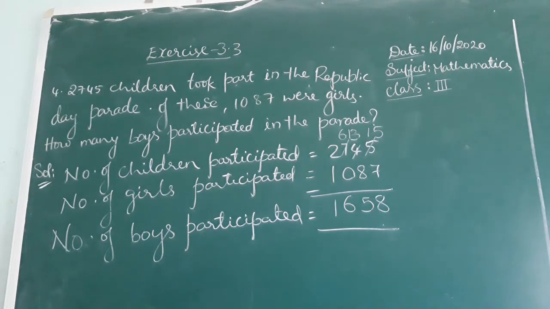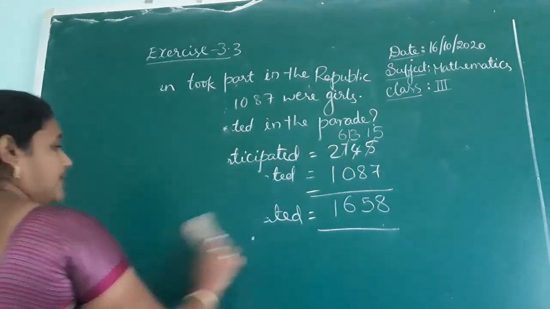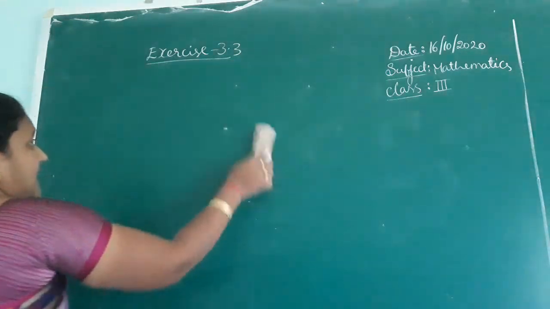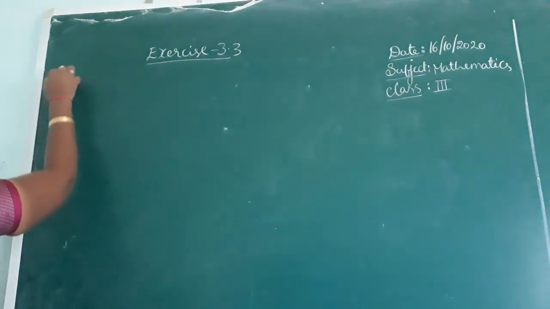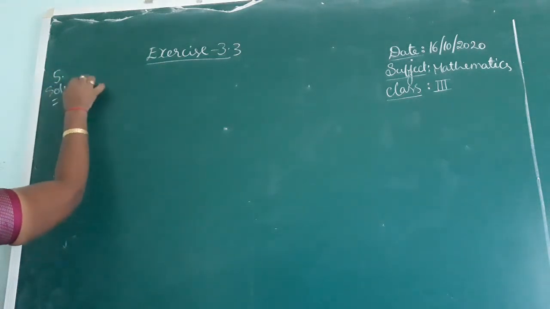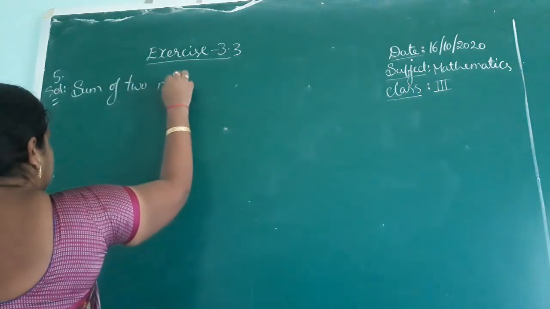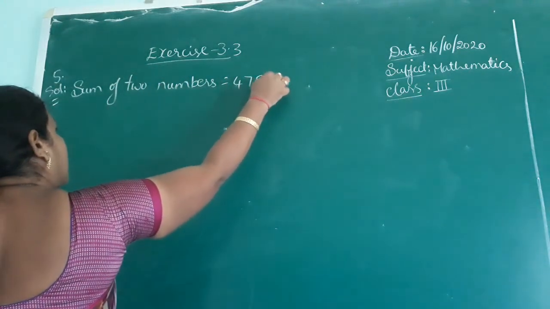See the next question, children. The sum of two numbers was given, and they told us one of the numbers. They are asking us what the second number is. See, the sum of two numbers is 4785.